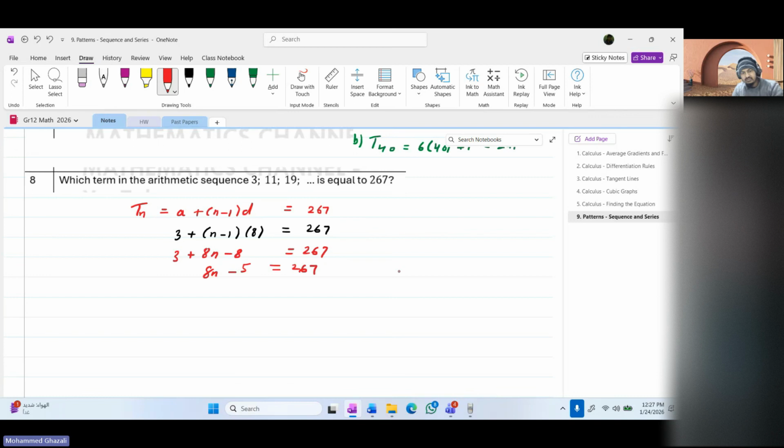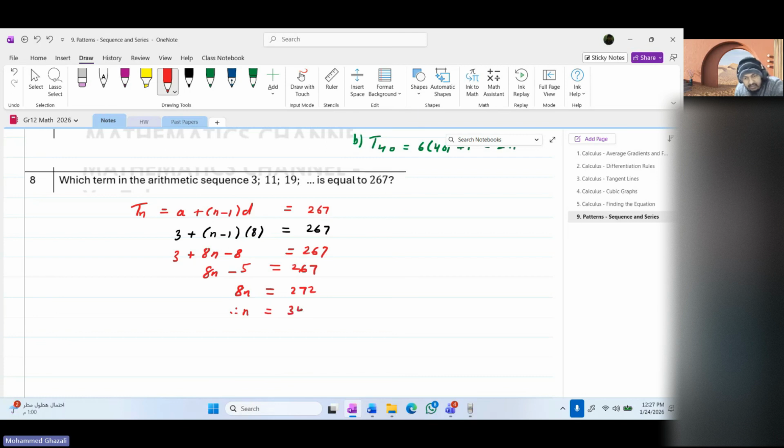Just check on the calculator if it works out. 267 plus 5 divided by 8. Yeah, it does. So 8n is equal to 267 plus 5 is 272. Therefore, n is equal to 272 divided by 8.